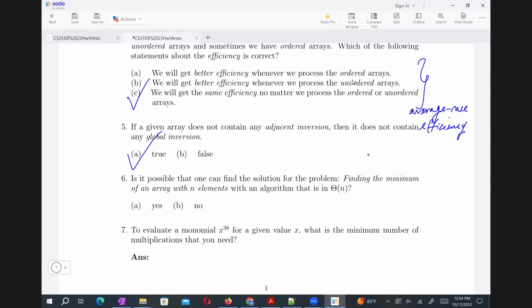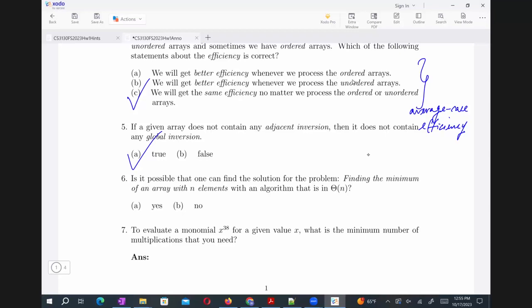This question, you need to be familiar with the special properties about inversions, right? Those students probably are not familiar with adjacent inversions.